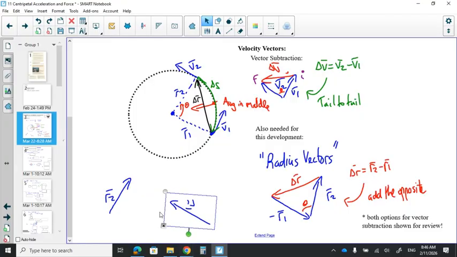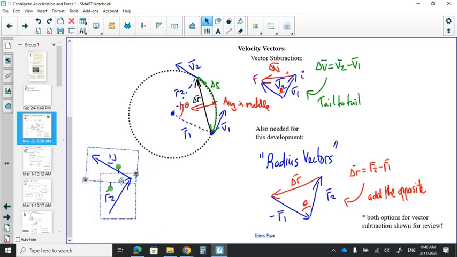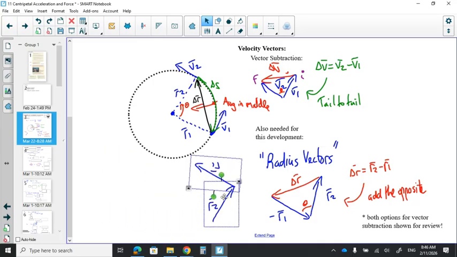Then we get R2 plus the opposite of R1, and why am I not getting the right delta R vector? I did something wrong here.